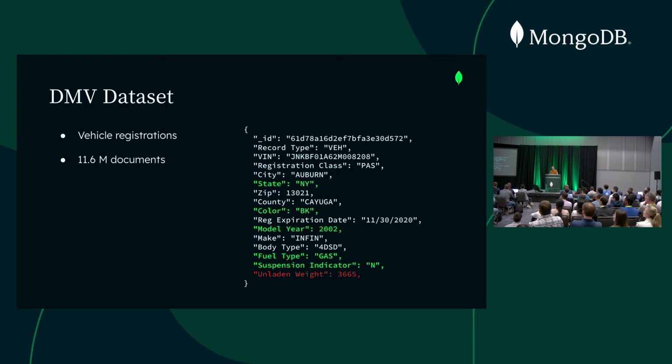So in this case, I'm going to build a cube on these green dimensions. I pick state, color, the model year, fuel type, and a Boolean flag called suspension indicator, whether the license was suspended or not. And I use the weight of the vehicles as a measure.